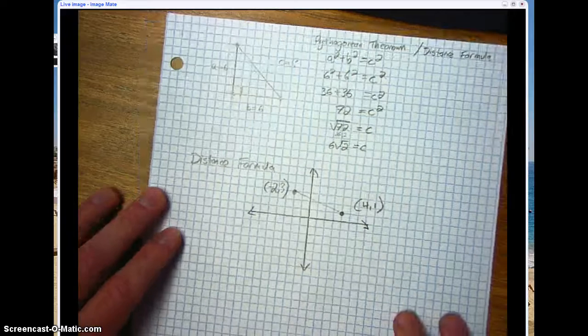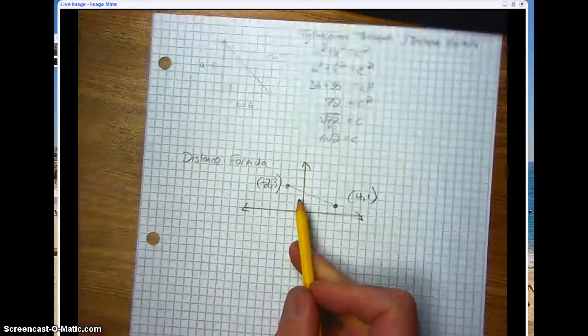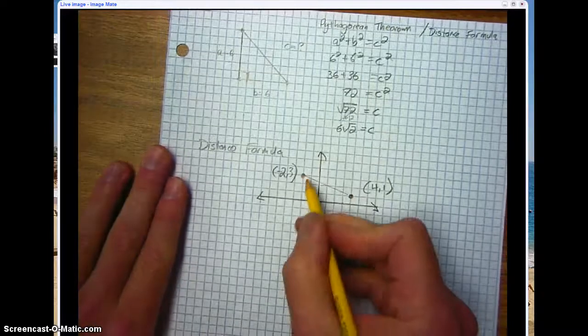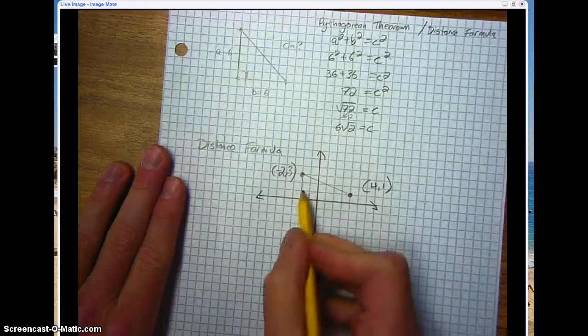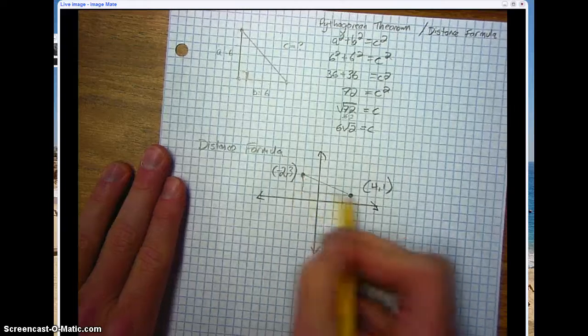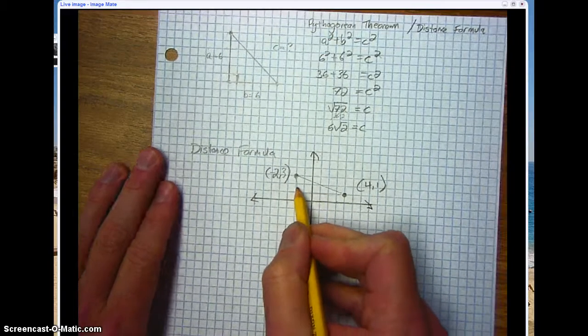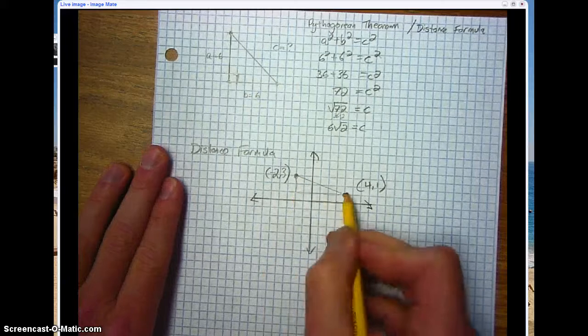Well, you see that this almost looks like a right triangle. If I can imagine that there's a line here and a line here, now it is a right triangle. And I can use the Pythagorean theorem to find the distance from here to here if I know this and this.